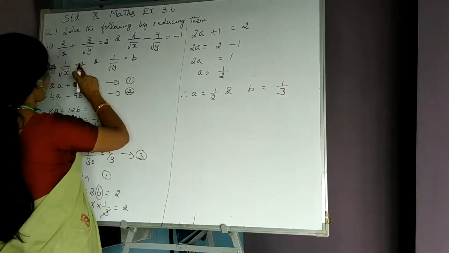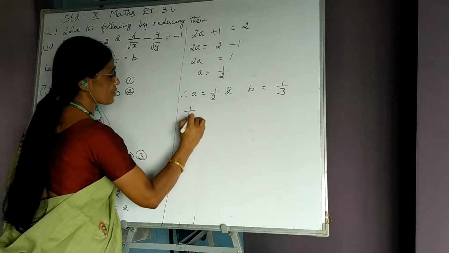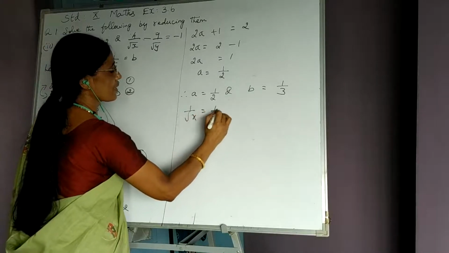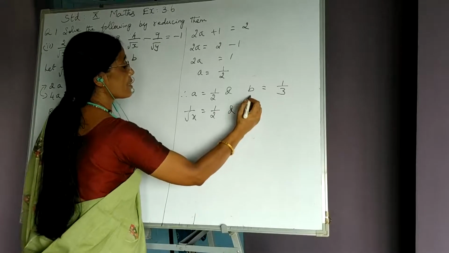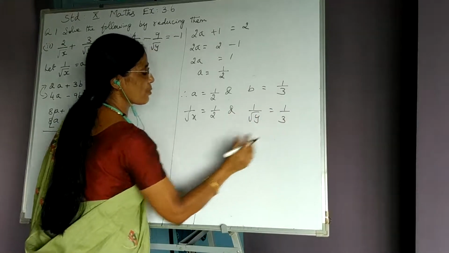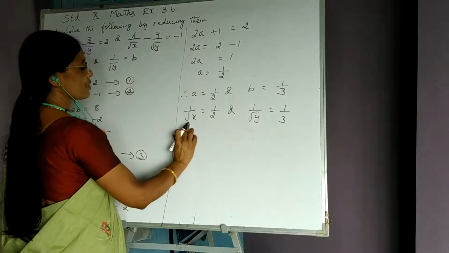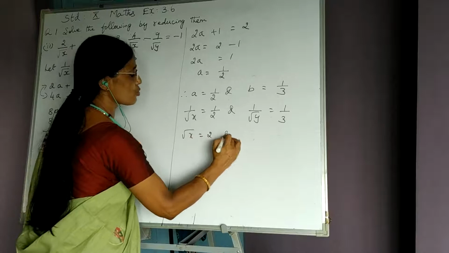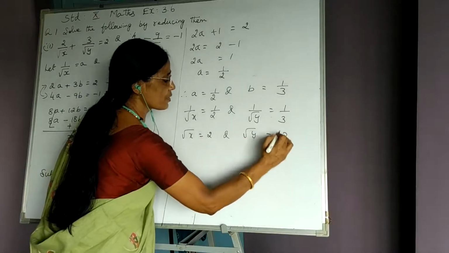a is taken as 1 upon root x. So substituting the value of a, 1 upon root x equal to 1 upon 2 and b is nothing but 1 upon root y equal to 1 upon 3. Therefore, taking reciprocals on both sides, we get root x equal to 2 and root y equal to 3.